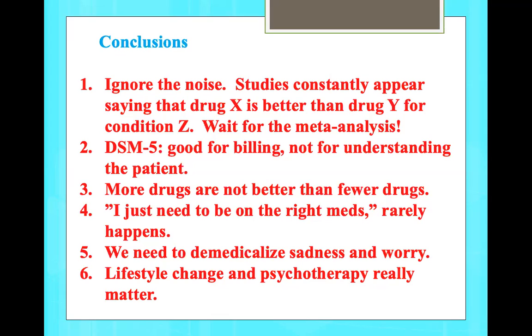If I get a partial response from a particular medication and I'm at the maximum for that medication, or I've increased it and I'm getting side effects, I typically add an augmenting agent.